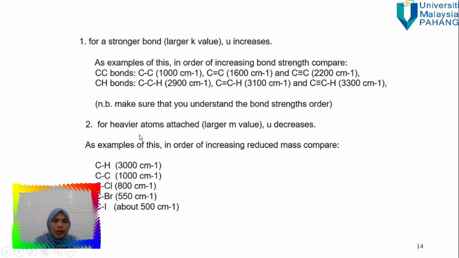CH is lighter, that's why the wave number is higher compared to C single bond C. And here, C single bond Cl, the mass is higher, so the wave number is lower. The higher the mass, the lower the wave number.